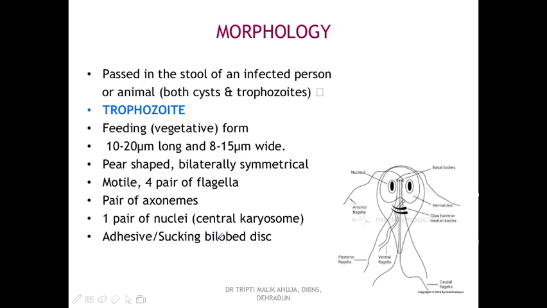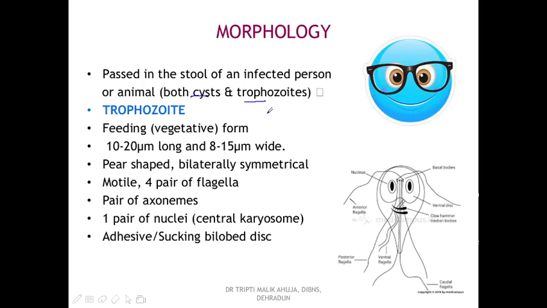In morphology, this protozoan exists in two forms, the cyst and the trophozoite form. The trophozoite form is an active, vegetative form. You can see it is like a spectacled, smiley face with a crooked smile.